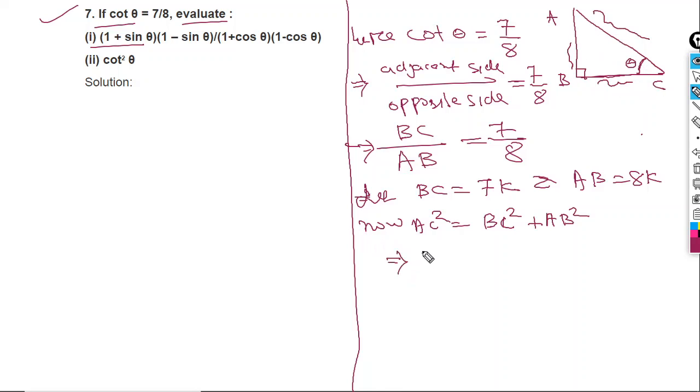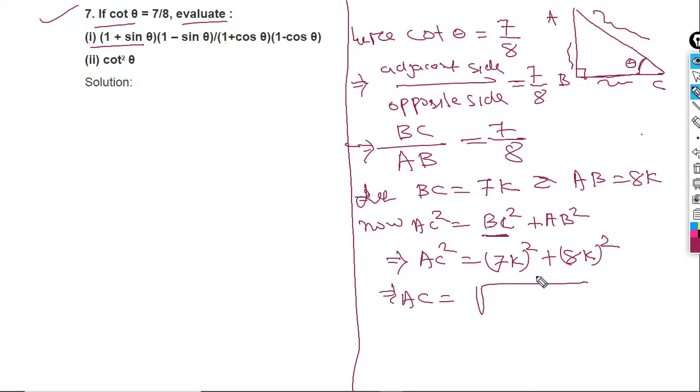This implies AC square equal to BC square, which is here 7K square, plus AB, which is 8K square. So AC equals root over of 7K square, which is 49K square, plus 8K whole square, which is 64K square.